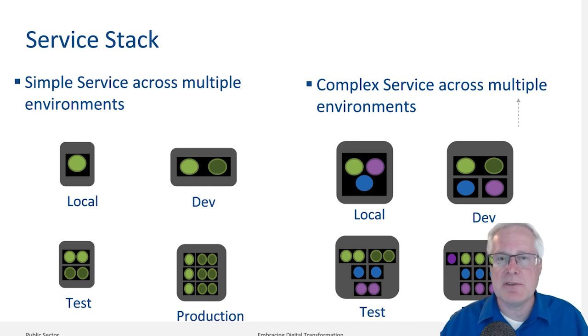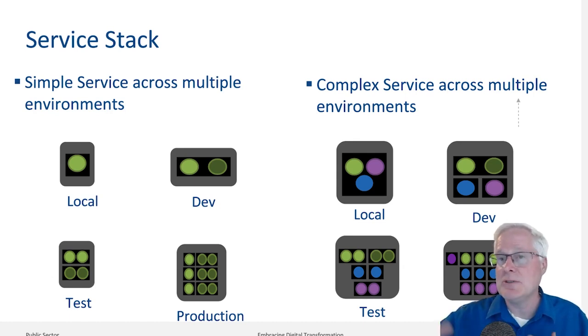Deploying a complex service on my local laptop gives me maybe 2 or 3 simple service containers that are running, right? It gives me the functionality that I expect, so I can write my code, check it out, work it. When I check that code in and it kicks off into the dev pipeline and now it goes into a development area where I'm integrating with other people, that same complex service can take on a whole new different way of doing things.